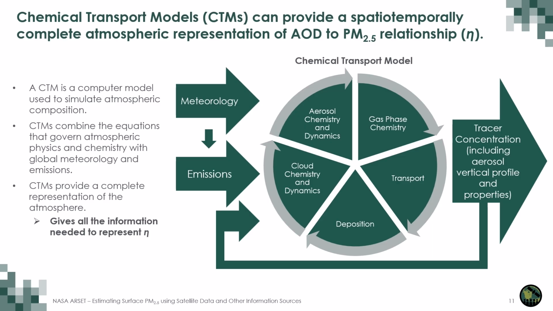It does this by inputting assimilated meteorology and natural and anthropogenic emissions into the model and allowing those equations to represent the atmosphere's chemical and dynamic response, as well as the transport and deposition of these individual chemical constituents, or tracers. A CTM provides a complete representation of the atmosphere and, in the context of geophysical PM2.5, provides all the information we need to calculate eta.